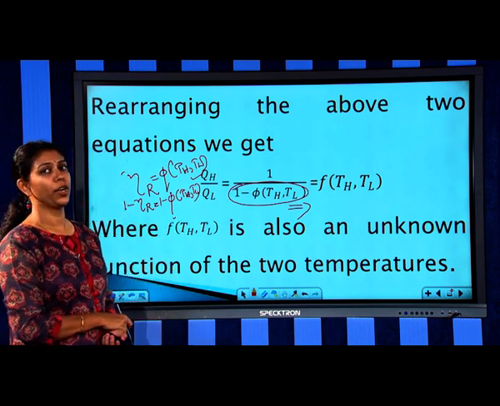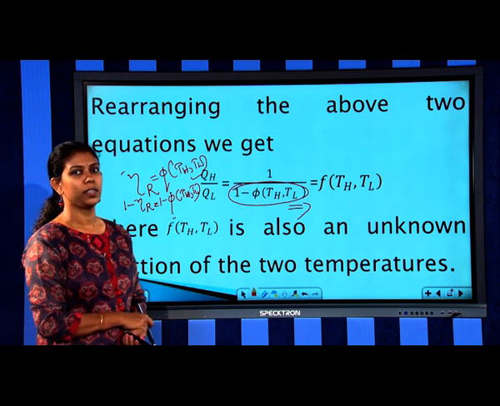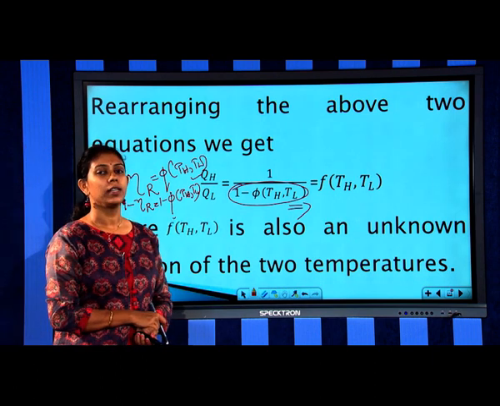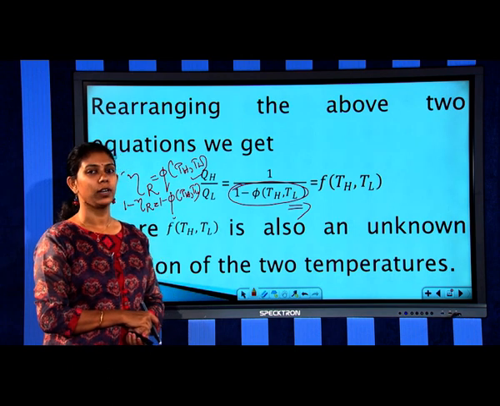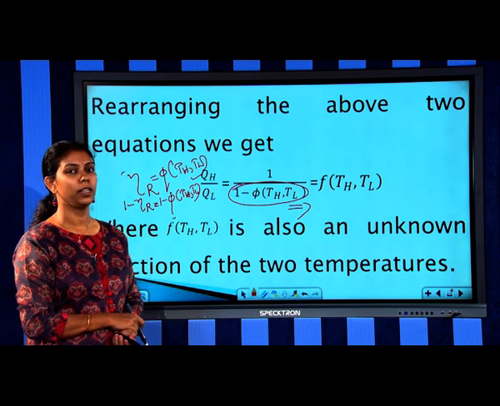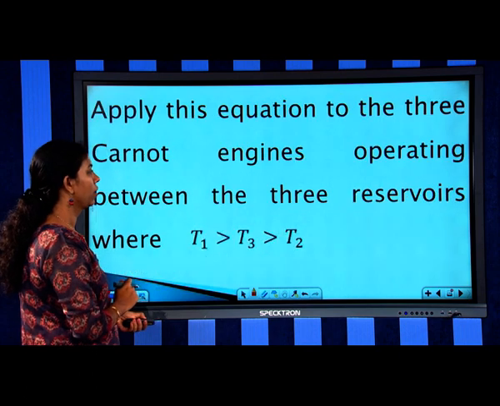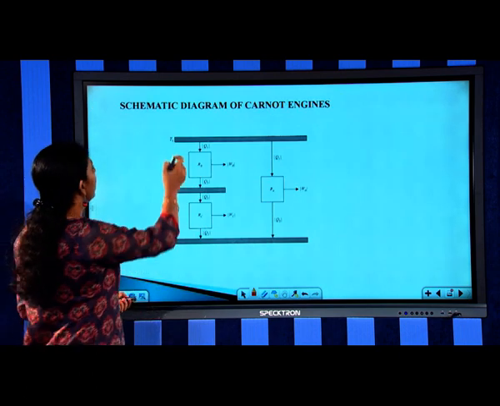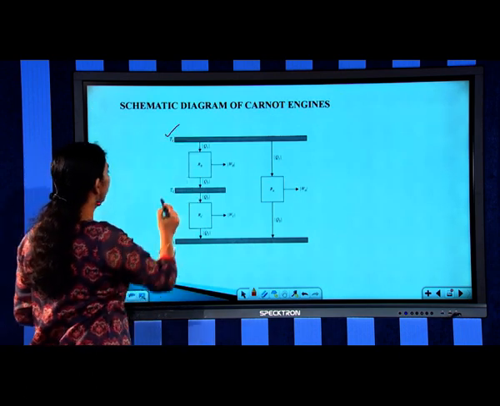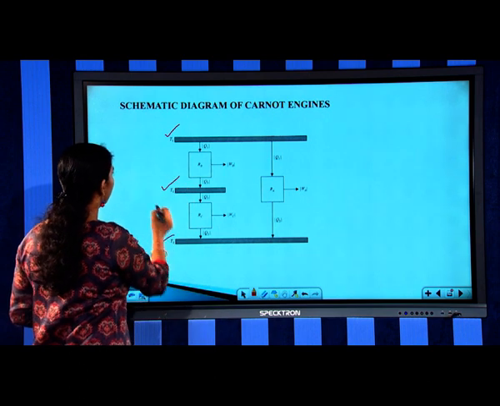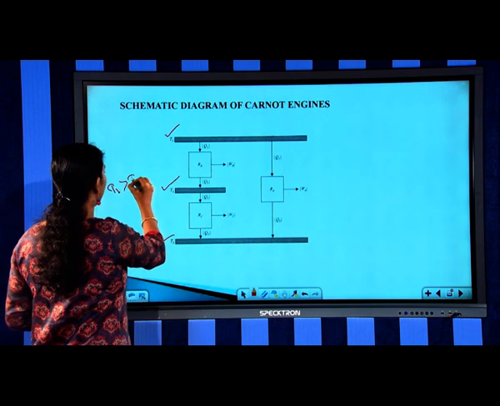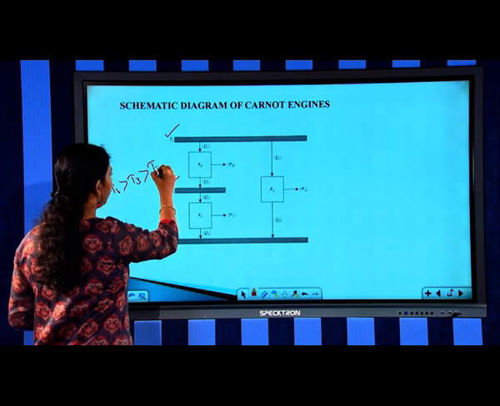Apply this equation to three Carnot engines operating between three reservoirs where T1 is greater than T3, which is greater than T2. From this figure, T1 is one temperature, T3 another, T2 another, with T1 greater than T3 greater than T2.